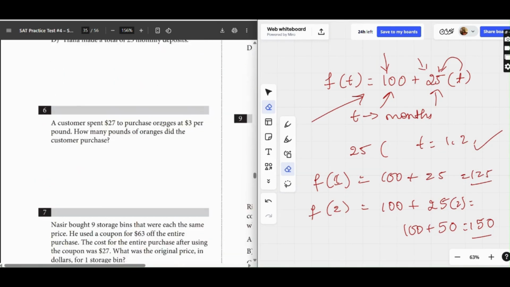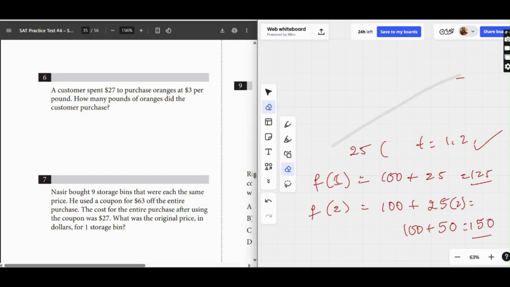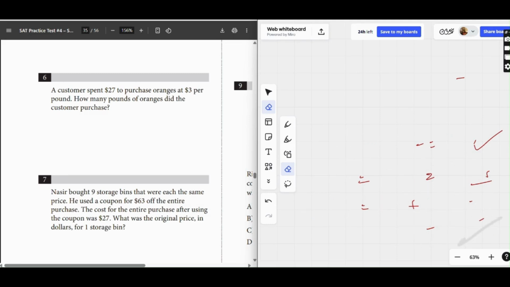Let's get into the sixth one. A customer spent $25 to purchase oranges at $3 per pound. This is quite simple. How many pounds of orange did the customer purchase? All right, I leave it to you. I don't really need to solve this question, but still, it's just a matter of division.